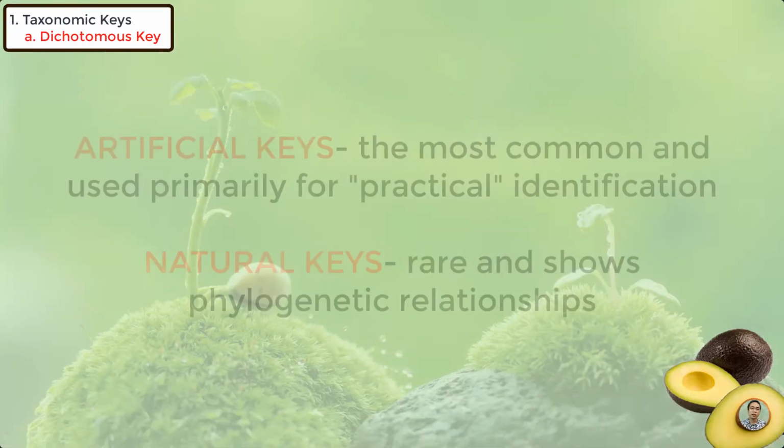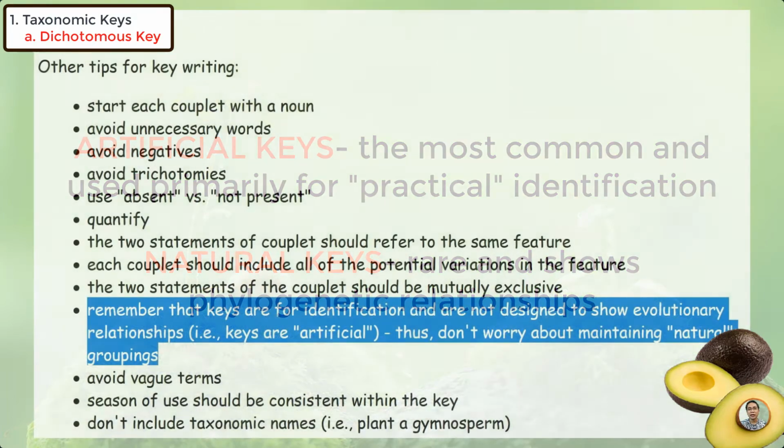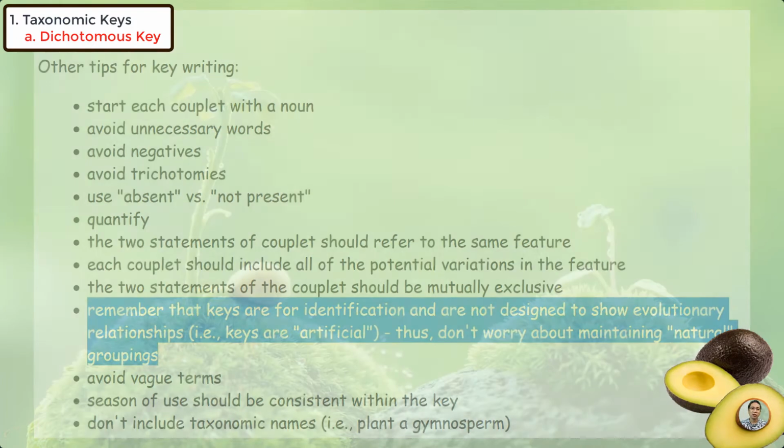Now, according to Simpson, there is what we call artificial and natural keys. As the name implies, artificial keys are for practical purposes of identification. Again, most of the useful keys that we know today belong to this category. Then the natural keys more or less tell something about phylogeny.